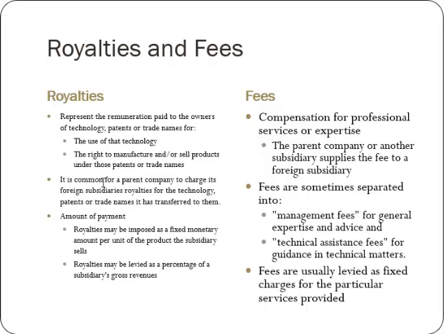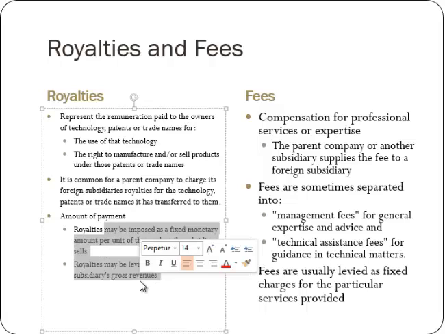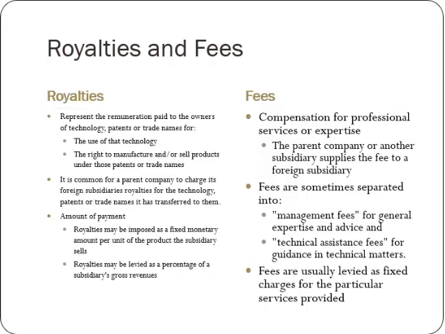It's common for a parent company to charge its foreign subsidiaries, like the foreign McDonald's, a royalty in exchange for the use of the technology. Of course, the amount of the royalty can vary from contract to contract. It can be an amount per unit, or it can be a percentage of gross revenues. There's no absolute rule one way or the other.